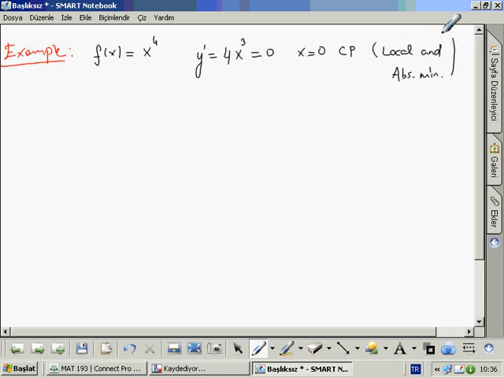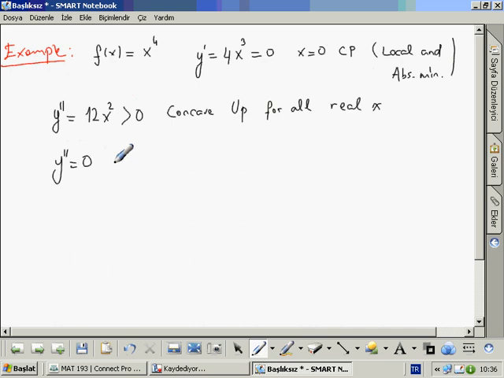And y double prime equals 12x squared, and it is larger than 0, and we know that it is concave up for all real x, and y double prime equals 0 at x equals 0, of course.